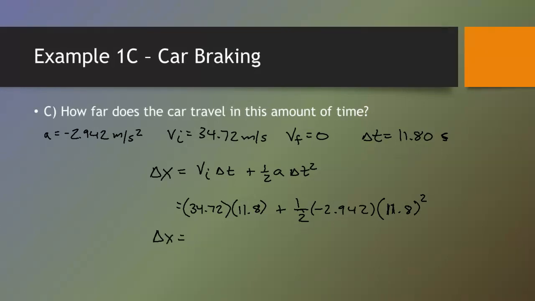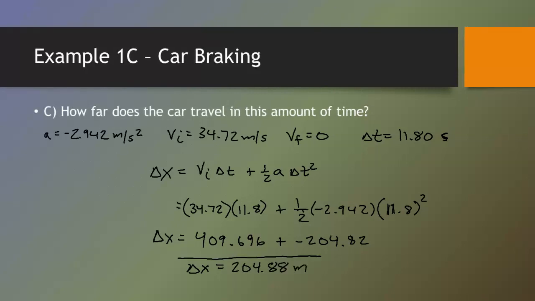This will give 409.696. You guys may get some slightly different answers due to rounding, but it should be within a decimal place or so. And the distance that it travels when you add these two up is 204.88 meters. So it travels about 200 meters before the car comes to a stop.